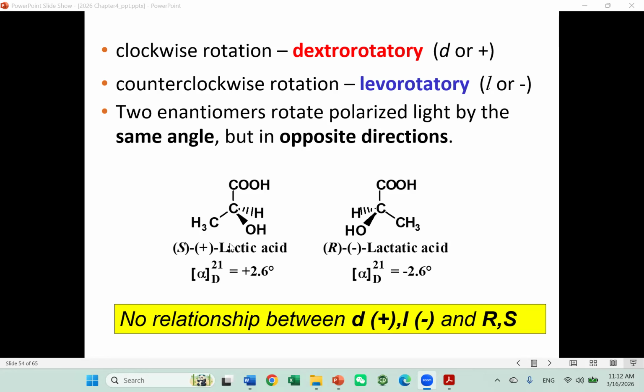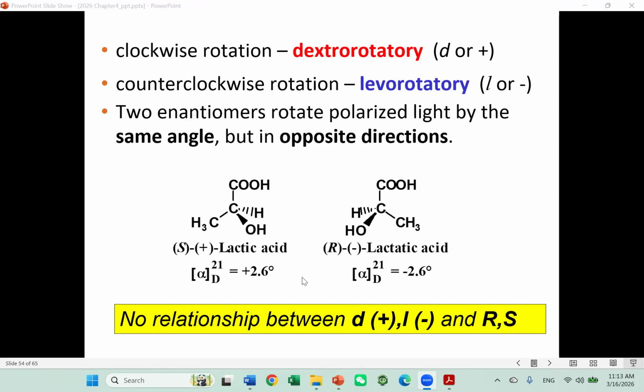For example, here is a pair of enantiomers: S lactic acid and R lactic acid. One rotates plane polarized light plus, dextrorotatory, and the other rotates minus, levorotatory. That's very important for a pair of enantiomers.